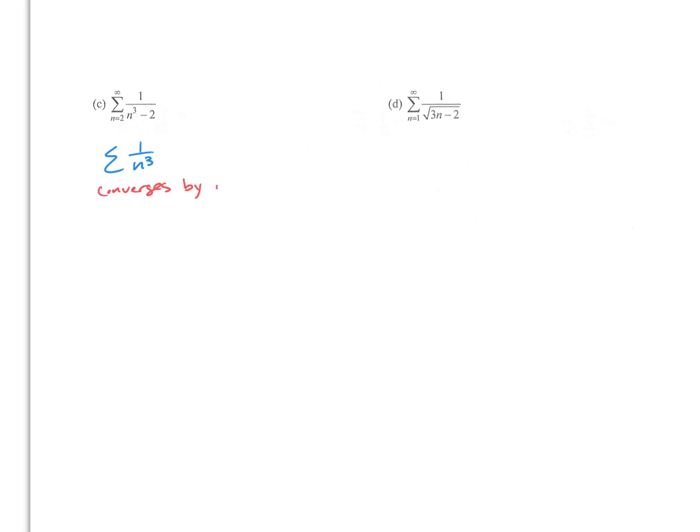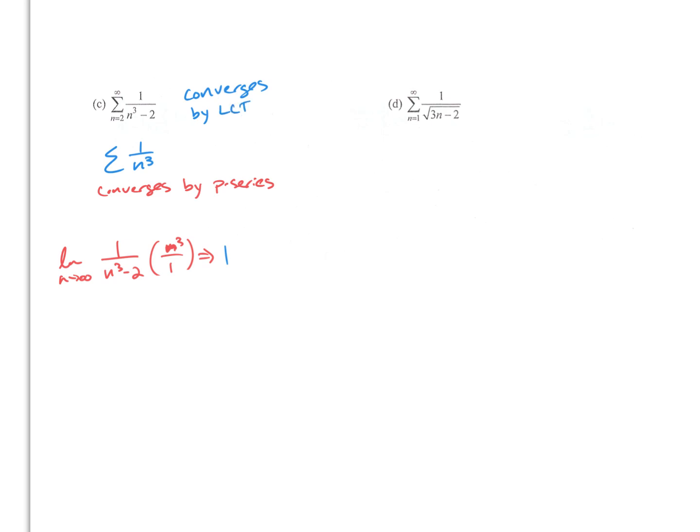By a p series. So now we're going to take a limit as n approaches infinity of 1 over n cubed minus 2 times n cubed over 1. And what do we get? 1 every single time. So what do we know? Converges by LCT.